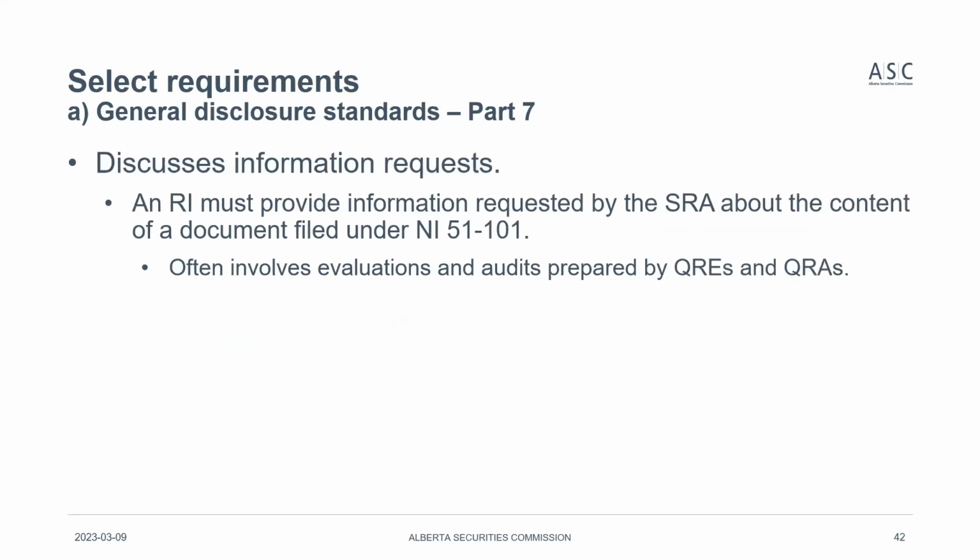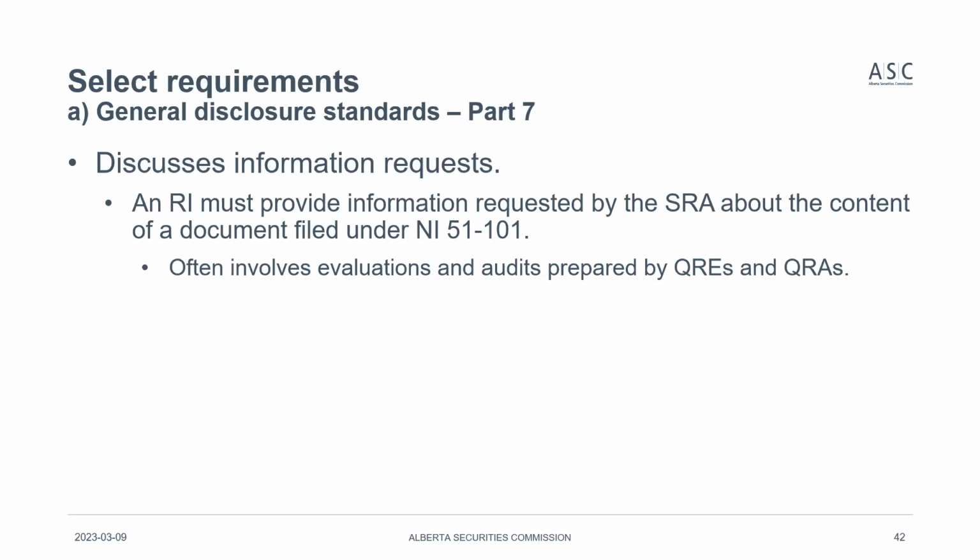And lastly, part 7. Part 7 is one that I thought we would raise, particularly for newcomers to 51-101 that may receive information requests and not be aware of what they actually mean, or even that the Securities Regulatory Authority can make those requests. A reporting issuer is required to provide information requested by the SRA about the content of a document filed under 51-101, and so this is specific to 51-101.